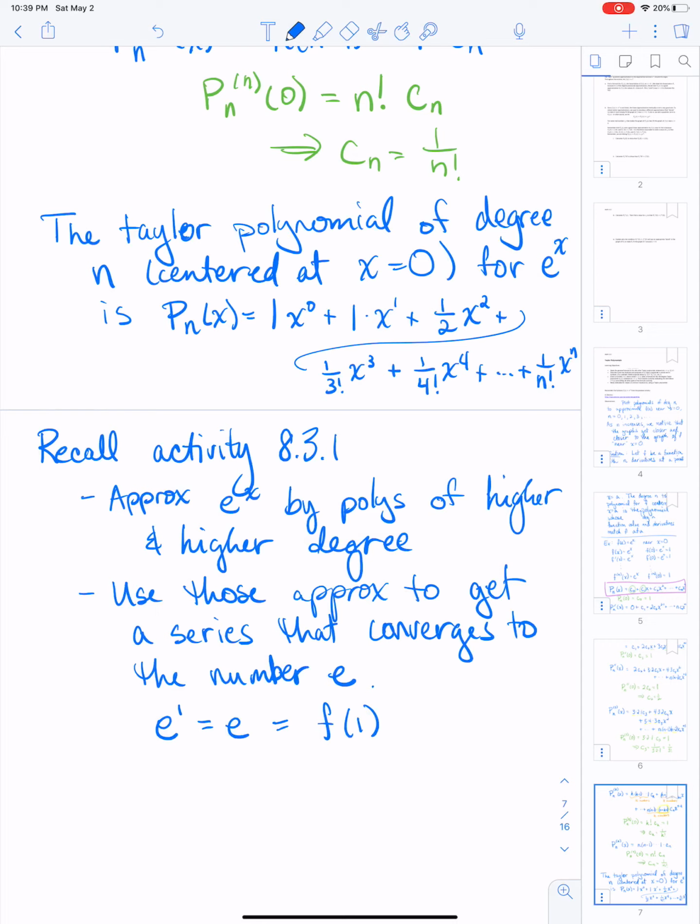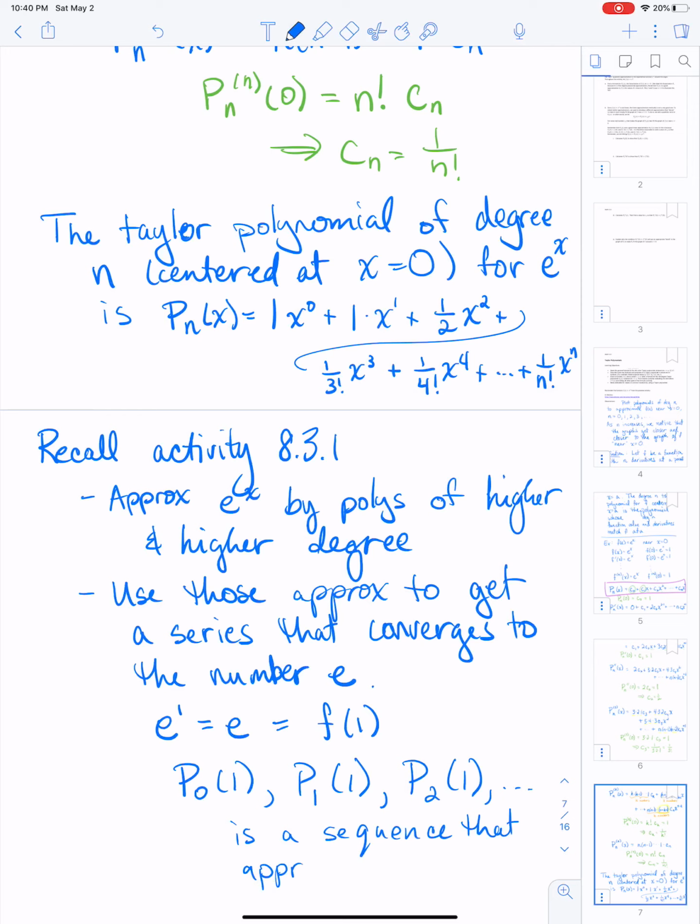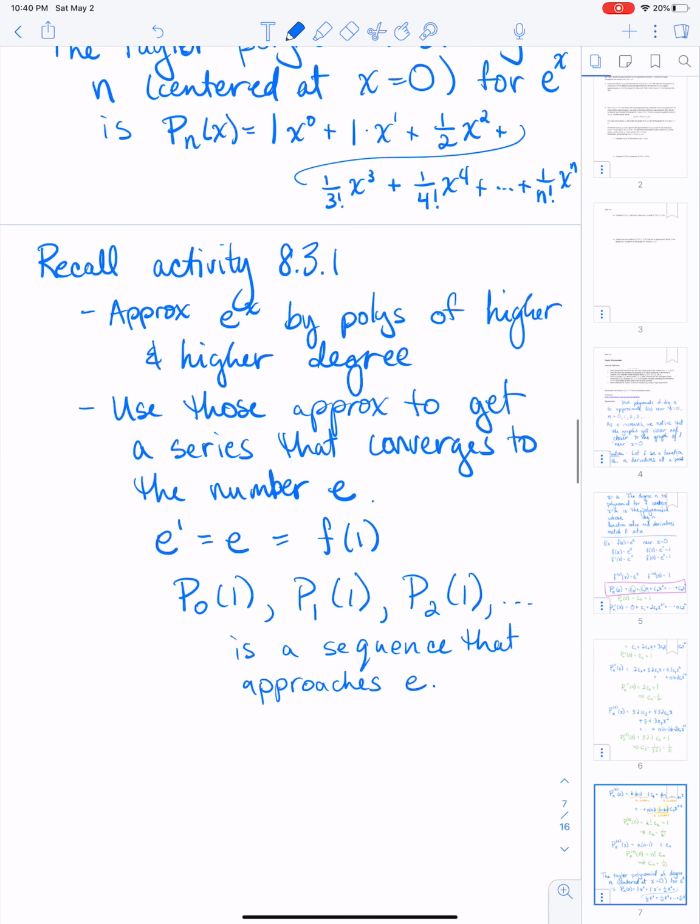And so then we were considering the fact that p0 of 1, p1 of 1, p2 of 1, etc. is a sequence that approaches e, right?